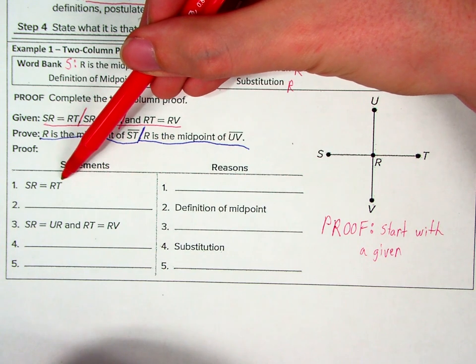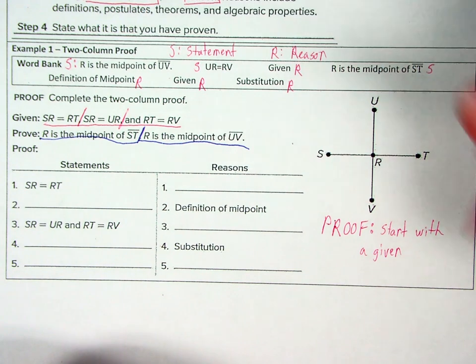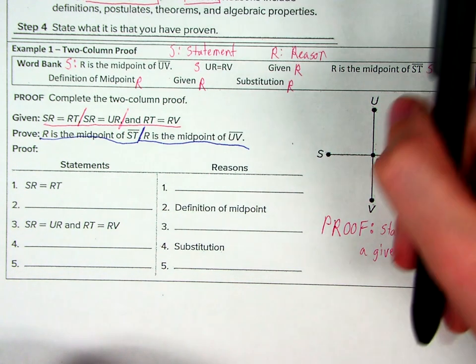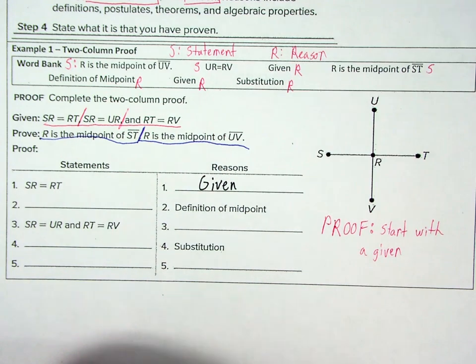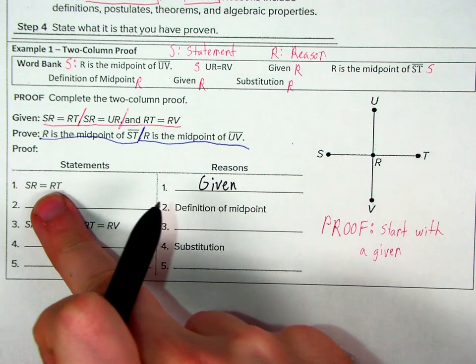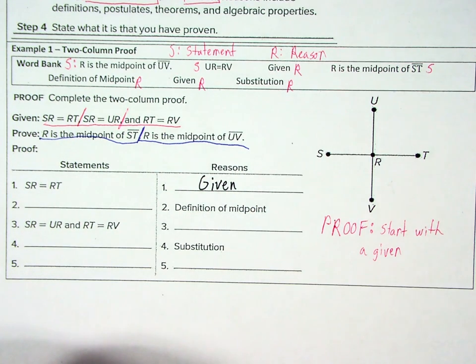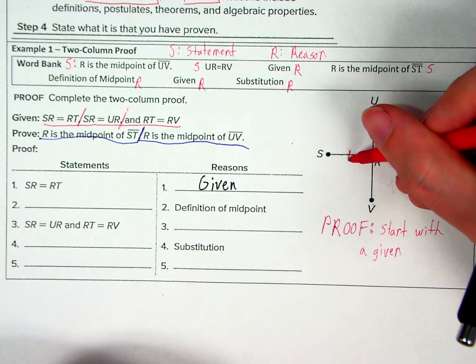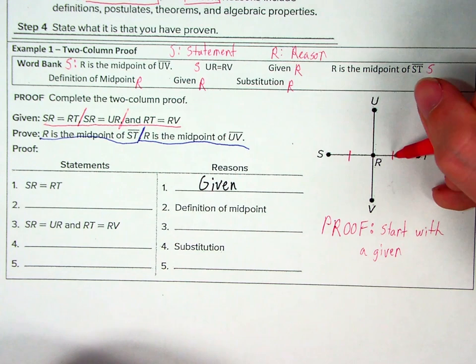Where are we getting that statement from? Well, it's given to us. So we went ahead and wrote given. It'd be a decent idea, since we have SR equals RT, to mark that in the picture. SR is the same length as RT, and we do that with the tick marks.